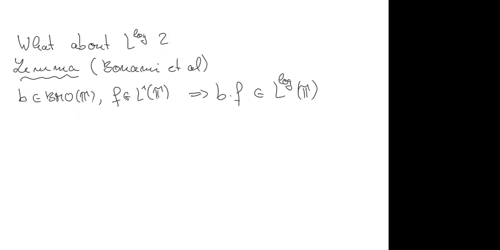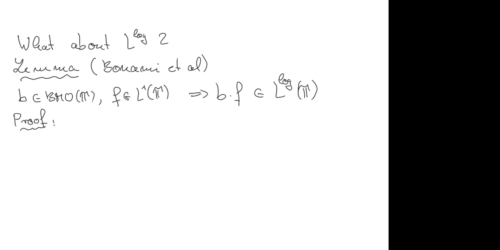And that means we haven't taken any maximal function or square function. We just look at the function b times f directly. And the proof is quite easy. I'll just show you that because I want to use this in a more general setting later.